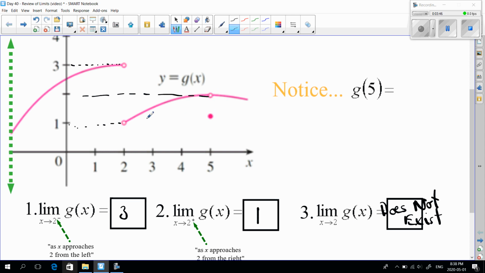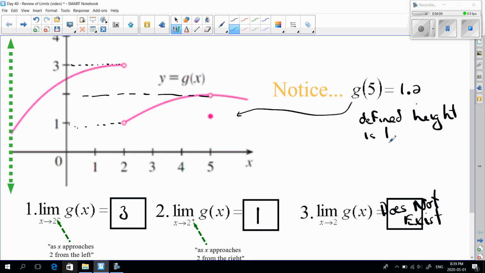The closed dot looks like it's at a height of about 1.2. The rule is, when you're looking for the defined height, you pick the closed dot. I'll call that 1.2. So, a little note: the defined height is the closed dot, that little dot that's kind of suspended or floating in midair.